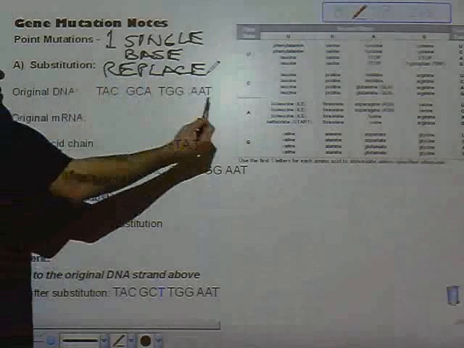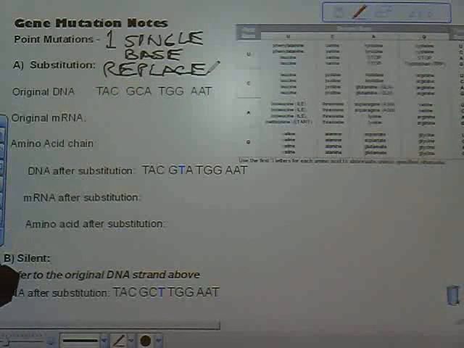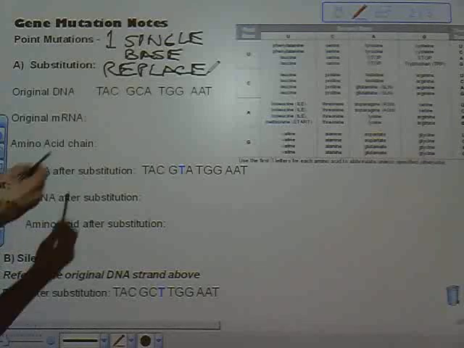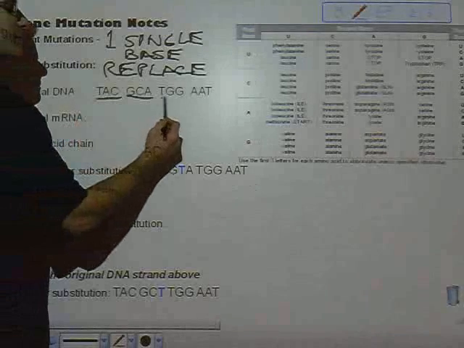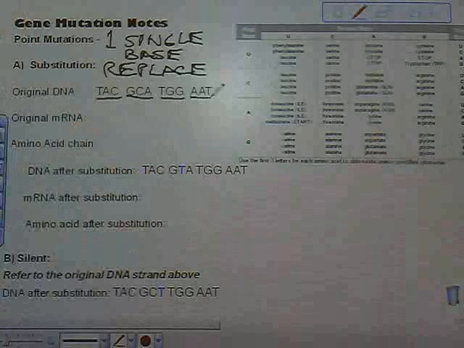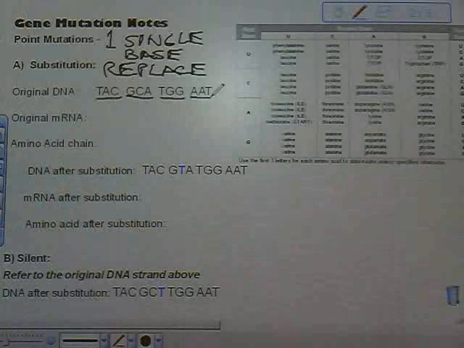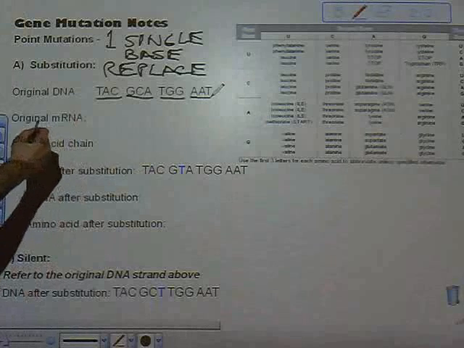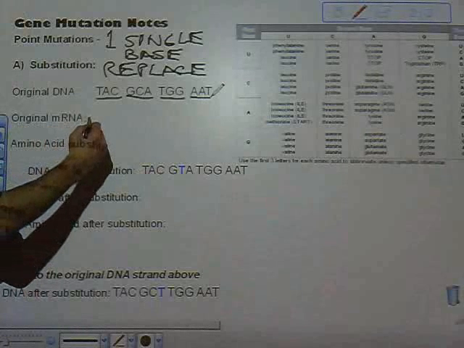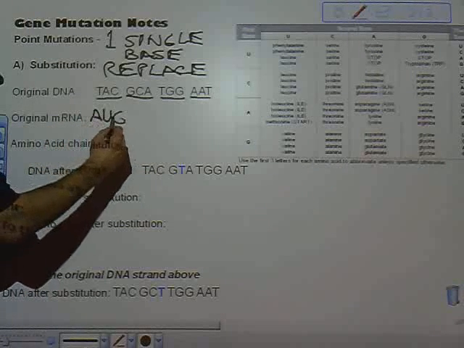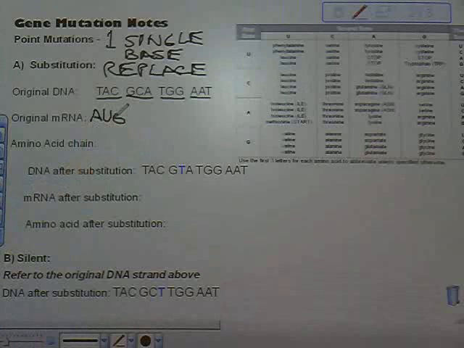So let's start with an original piece of DNA. You can see here TAC, GCA, TGG, ATT. And again, they're kind of separated out into threes because of our mRNA codons. It's going to make it a little bit easier for us to do some transcription and translation. So the original mRNA we should read, and again, always read AUG at the beginning.